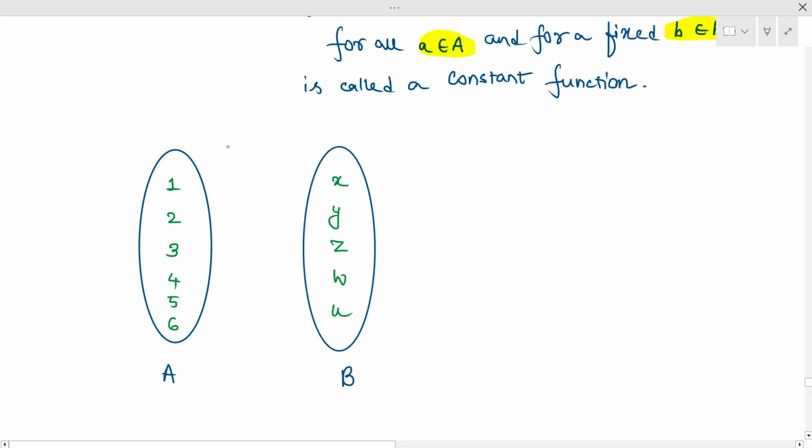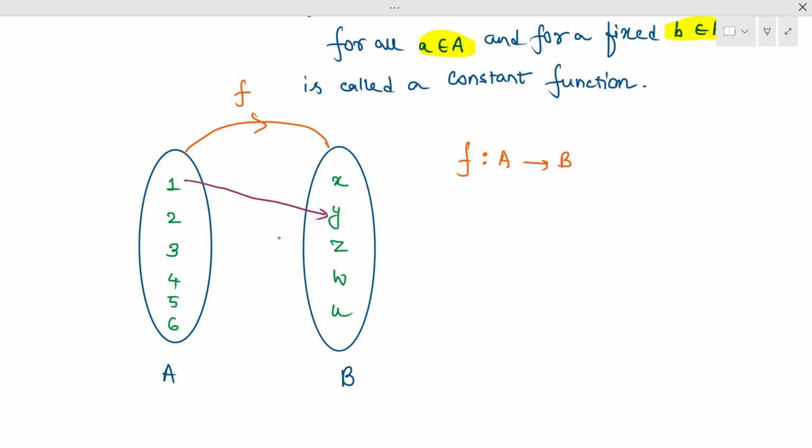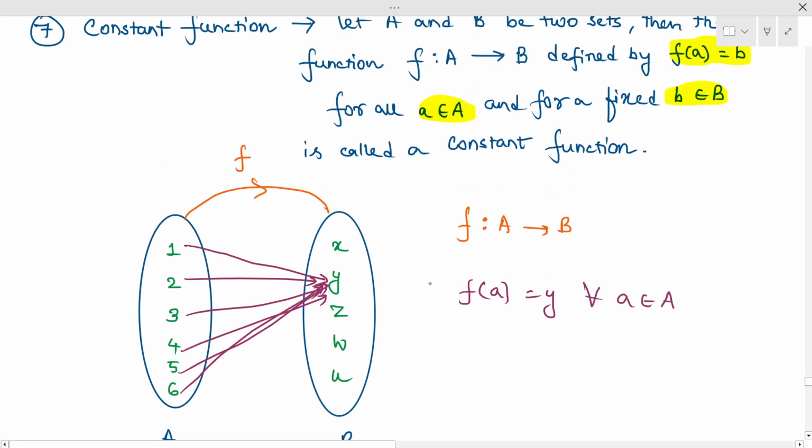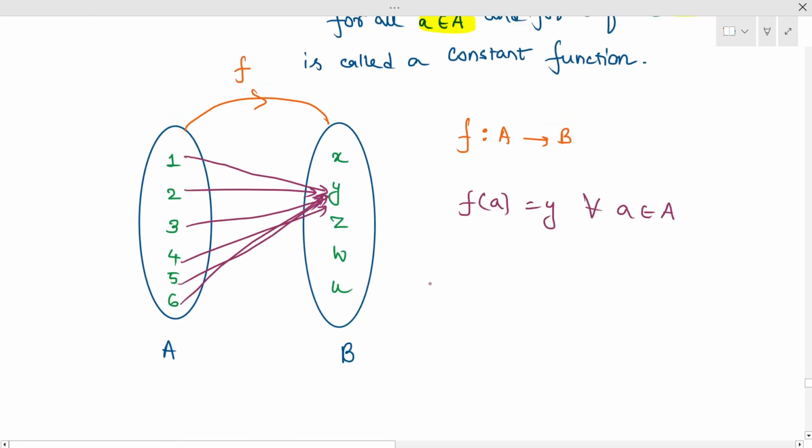Suppose we have two sets and we have defined a function f from set A to set B. So it means, let's say 1 maps to y, 2 maps to y, 3 maps to y, 4 maps to y, 5 maps to y and 6 maps to y. So f(a) is y for all a in set A. So each and every element maps to a fixed element in set B.